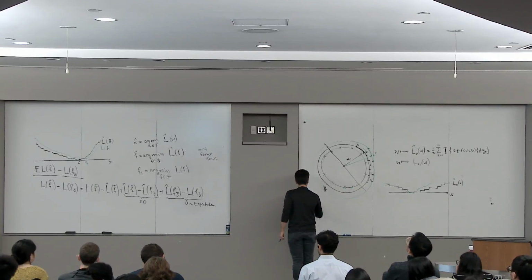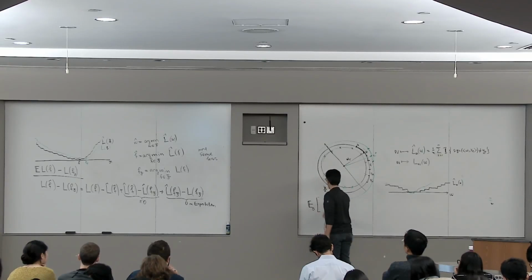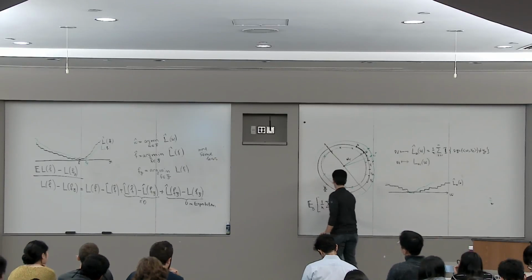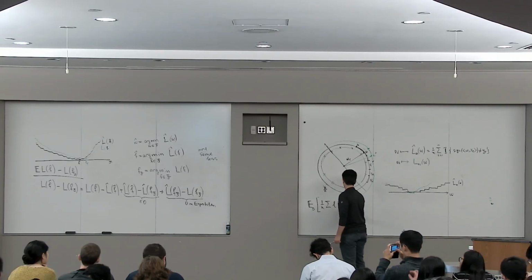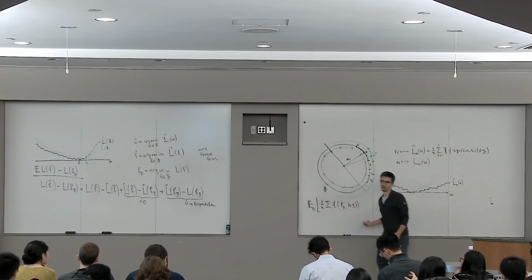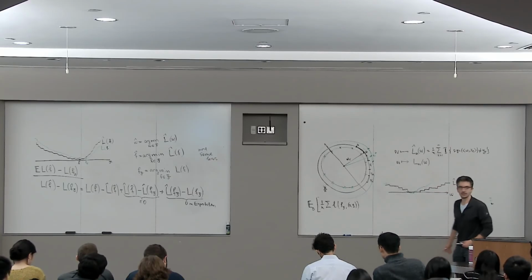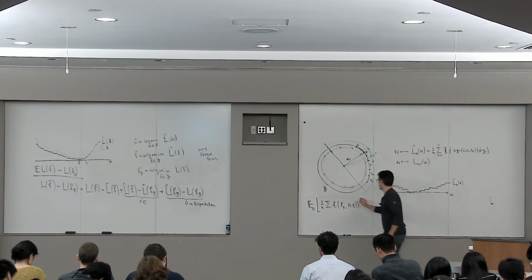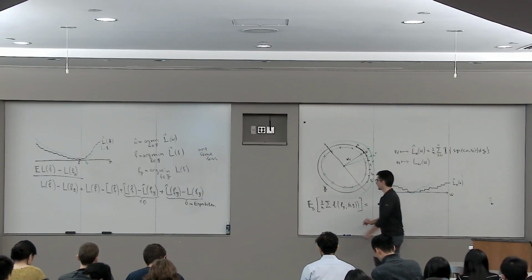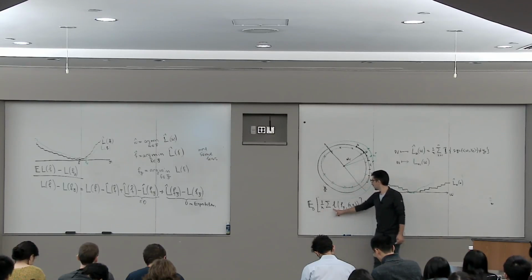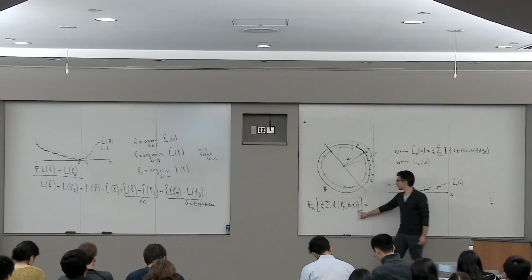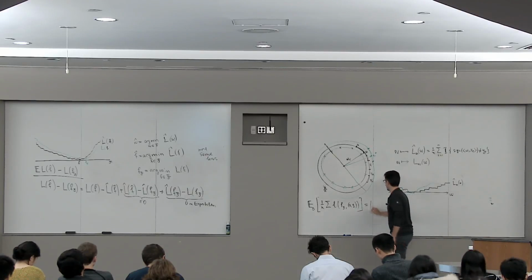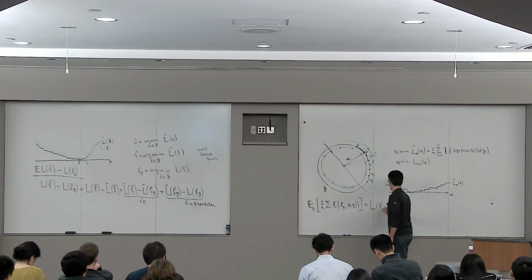You take expectation over the data set of 1 over n sum of the loss function of f sub F on xi, yi. I'm using a slightly different ordering of the variables in the loss function here. When the expectation goes in, it's just an average of n of the same things. And that's exactly L of f sub F.